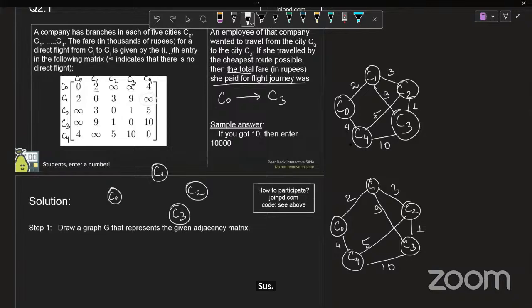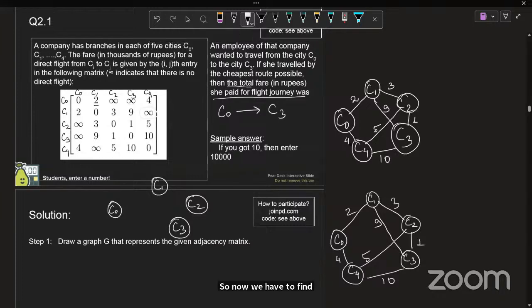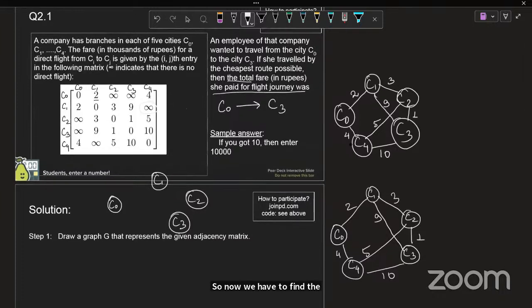Okay, all the edges are there, right? So now we have to find the path. What is your source? Tell me. Anybody have solved?